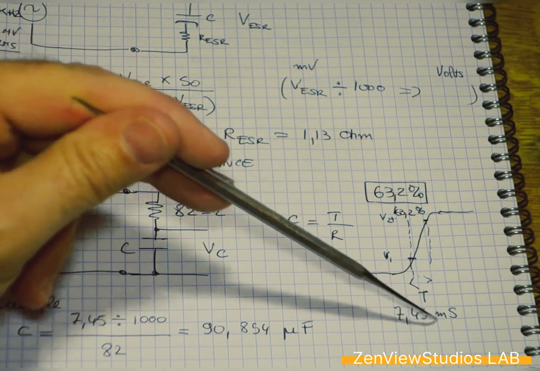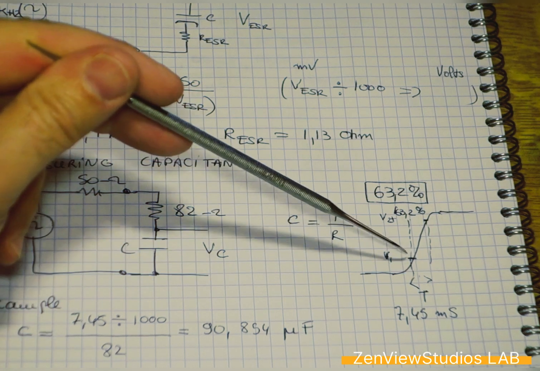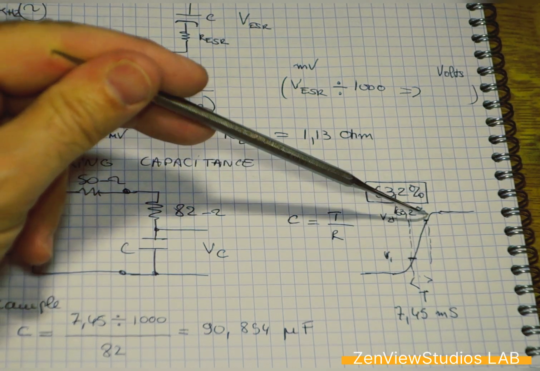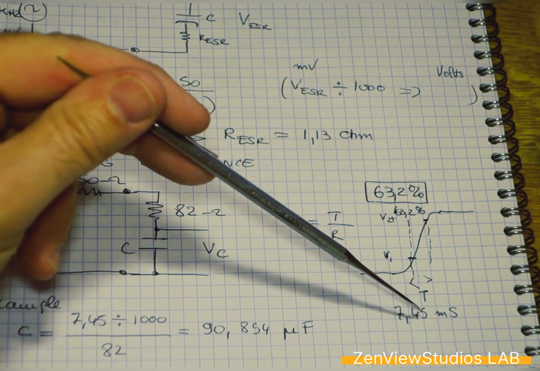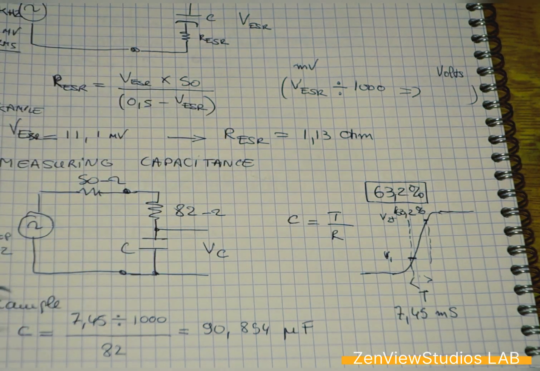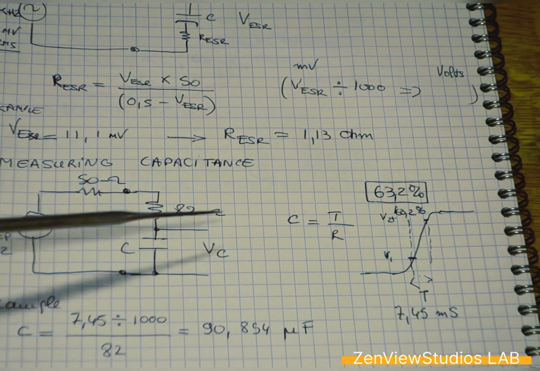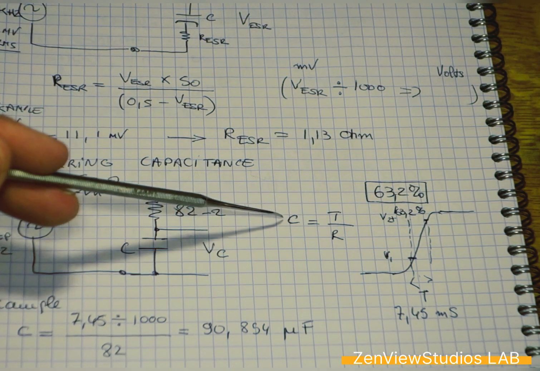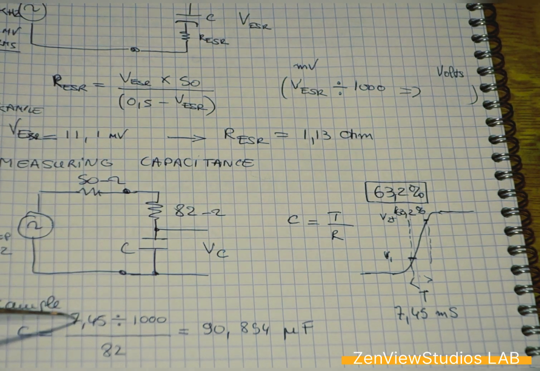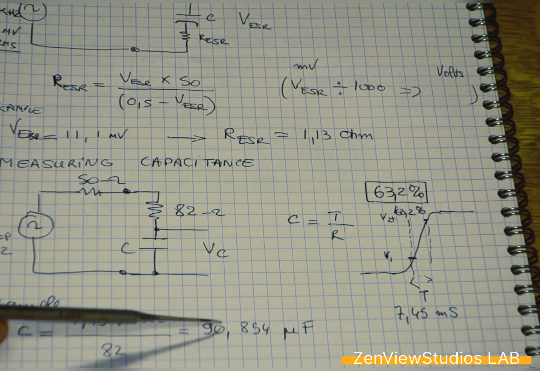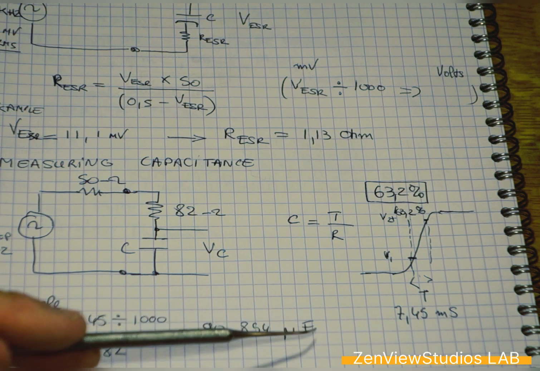I get a time measurement, which is here, which is the angle. It measures the angle of the slope, and it's 7.45 milliseconds in my example, and the calculation goes here. It's taken from the formula C equals tau over R, and you have 7.45 divided by 1000, divided by 82, and that gives 90.854 microfarad.